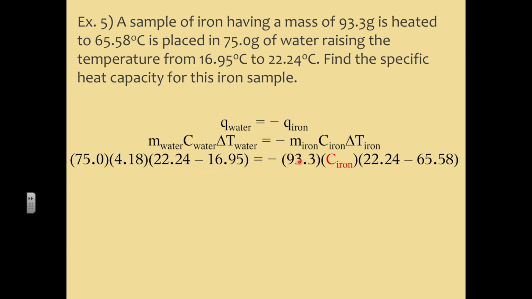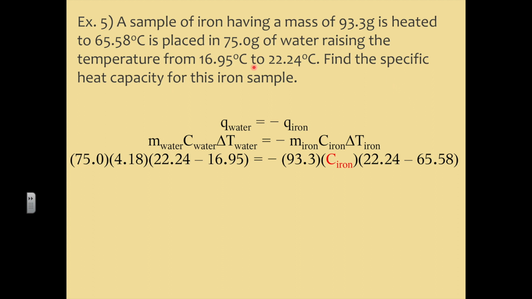And then we have the mass of iron. No problem. That was given to us in the problem. And then the specific heat of iron is what we're looking for. And this one right here is the toughest one to get. What happened with the iron is it started at 65.58 degrees Celsius, and it cooled down. But what did it cool down to?